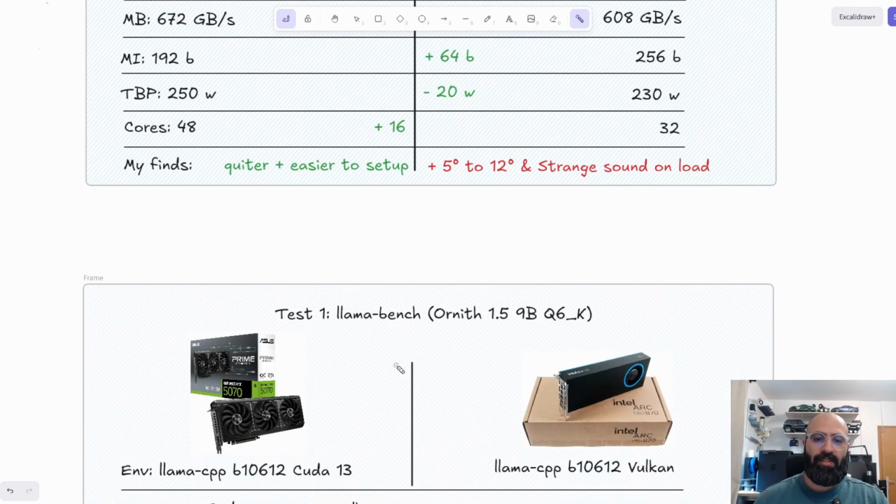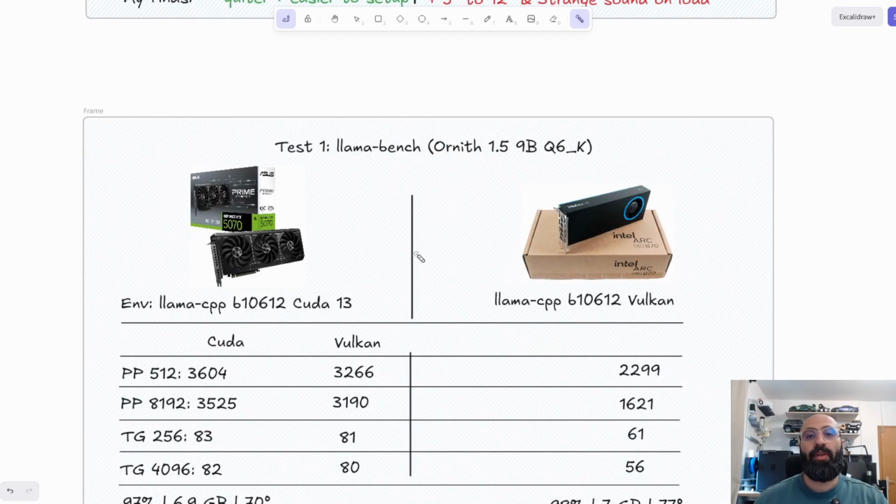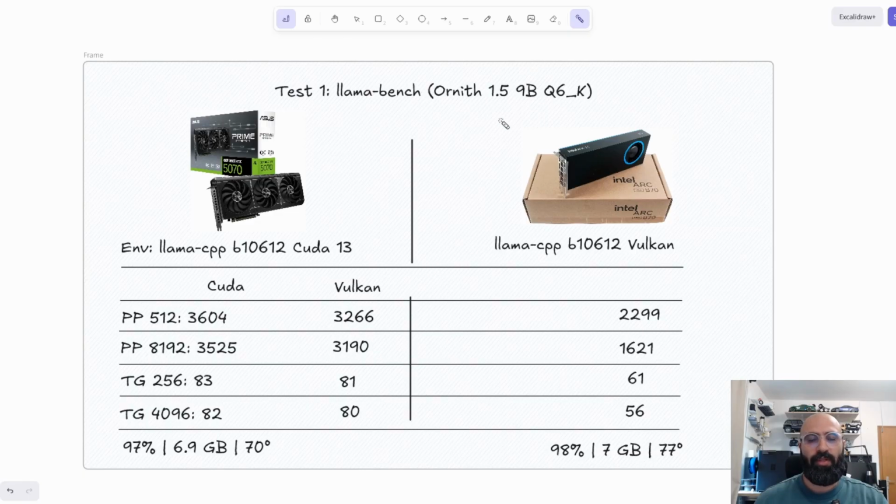For the first test, I'm using the Qwen 3.5 model, the 9B, and here are the numbers from the CUDA driver for the RTX, but also from the Vulkan driver. I'm using llama.cpp, and therefore I could have different drivers for the RTX, while I'm using only Vulkan for the Intel.